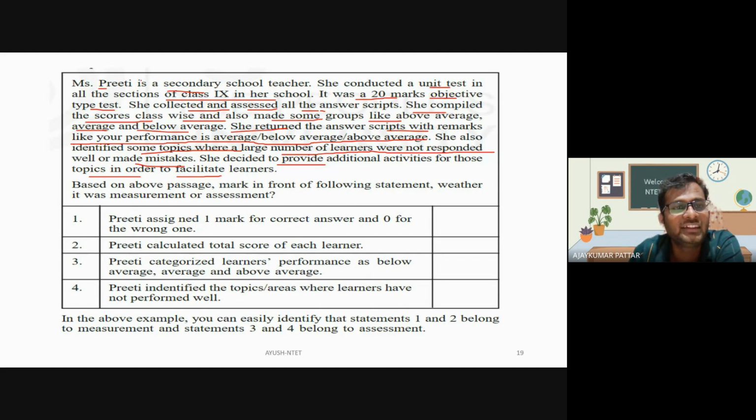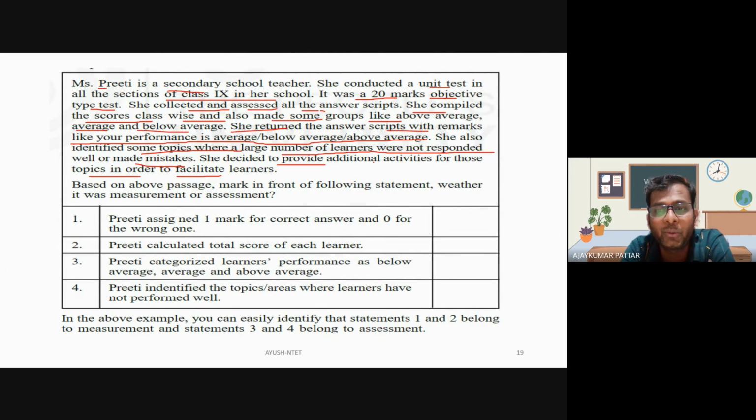So you read this passage: Preeti is a teacher who took a test of 20 marks for 9th class students. She checked the exam, and based on the score she gave remarks: your marks are average, below average, or above average, and she returned the answer scripts with these remarks written on every paper. Based on that result, she was also able to identify some topics, particular questions from a particular subject, where a large number of learners did not answer correctly or did not respond well and made mistakes.